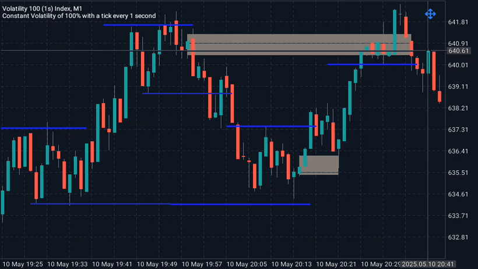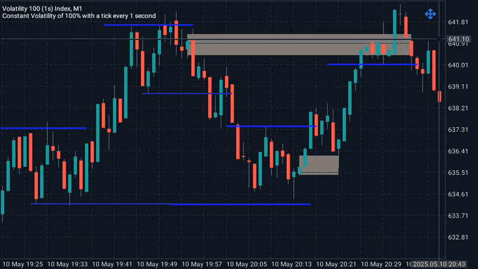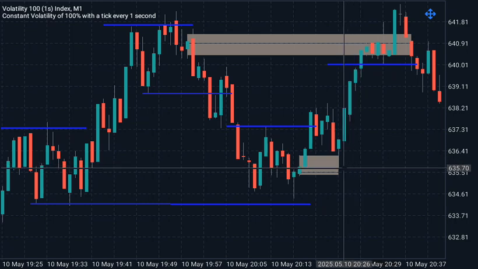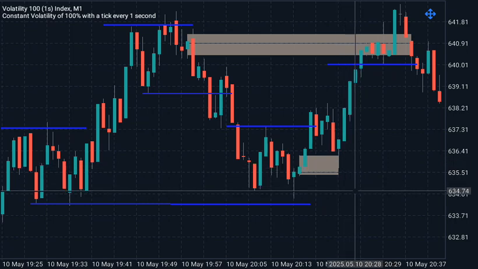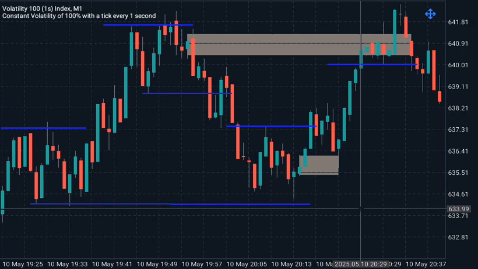So this is where I'm going to enter for a sell. If I enter for a sell around there, my stop loss will be around there, and then my TP will be this low here, or the actual low that I was expecting the market to sweep. Yes, so that will be where my TP is going to be.